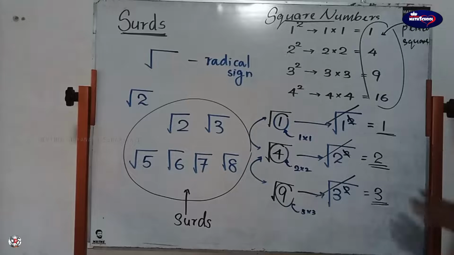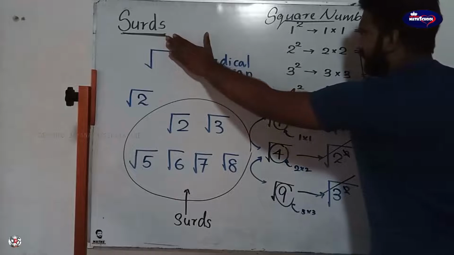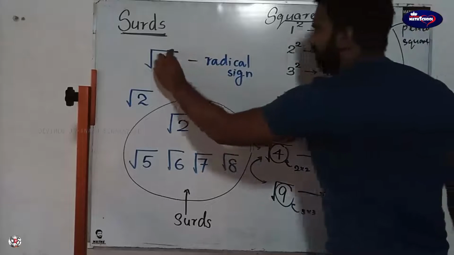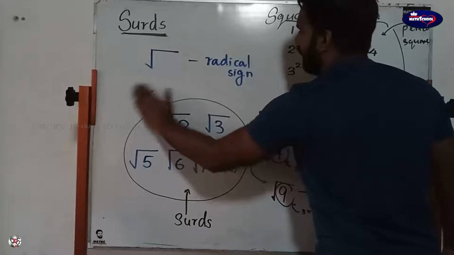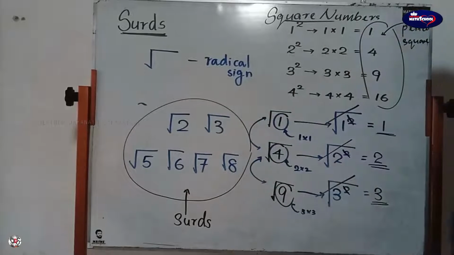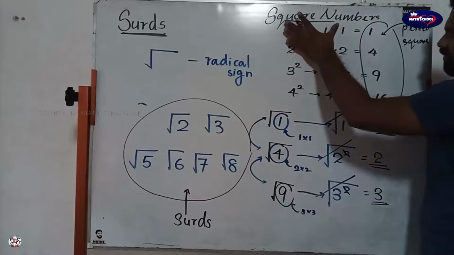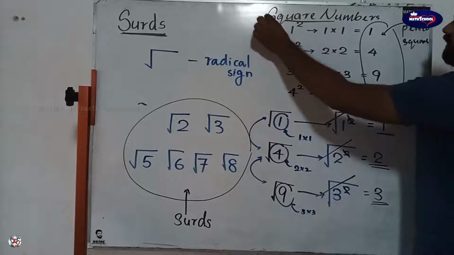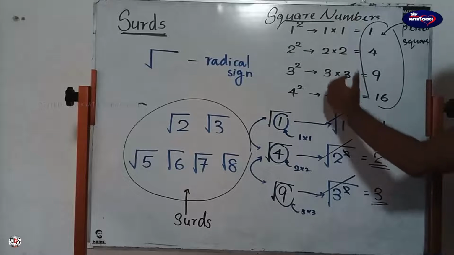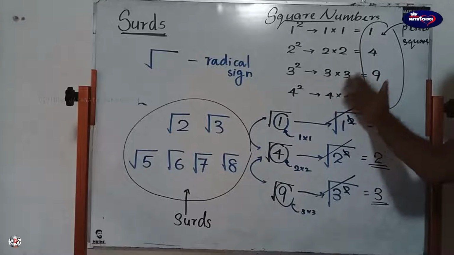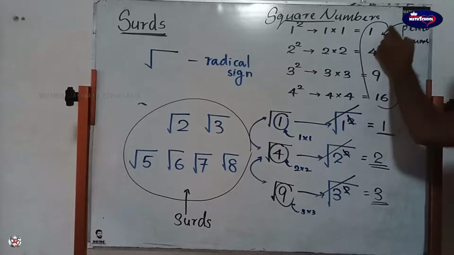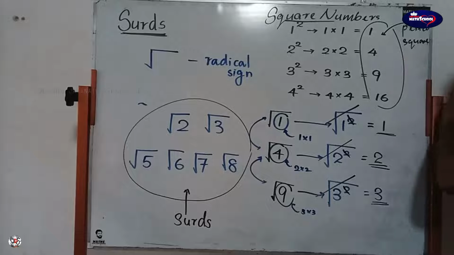Right. Take this down first. First of all, under surds, just put this symbol and write down this is the radical sign. And then listen, just write down in a writing book the subtopic as square numbers, take these 4 things and put an arrow like this and write down perfect squares. These are perfect squares.